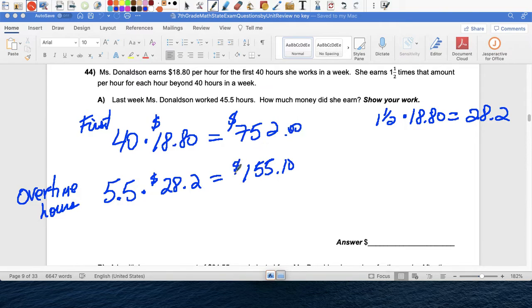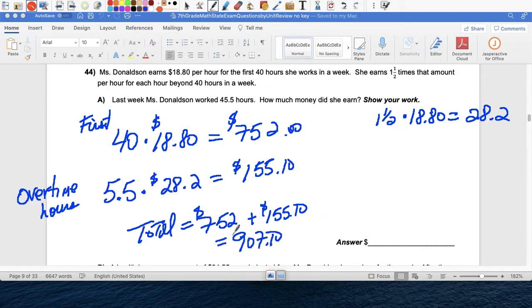Let me write that down. So how much is she earning total? Well, the total would be $752 plus $155.10, which gives us $907.10. So that would be the amount she earned.